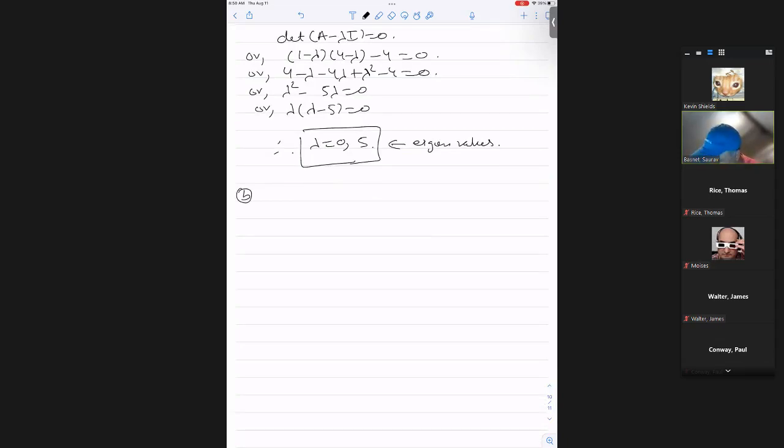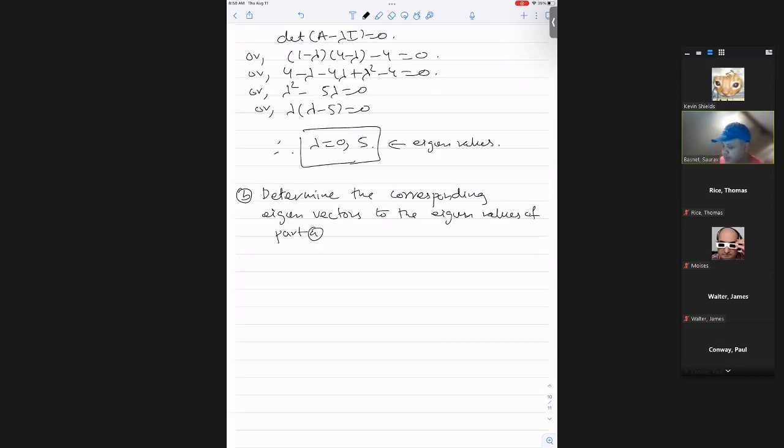If I ask you in the exam, determine the corresponding eigenvectors to the eigenvalues of matrix A, or similar.